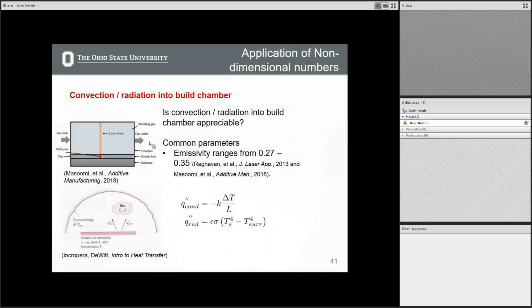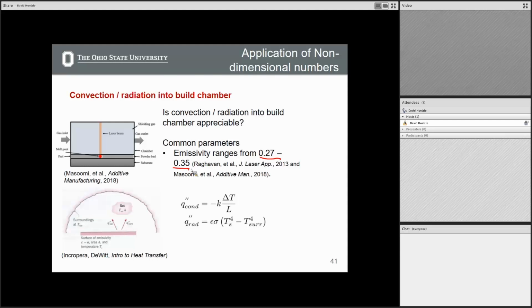So this is radiation. If you have any two surfaces and there's a difference in temperature, there will be radiative heat transport between these two surfaces. We can look at the literature to see what people have measured in terms of emissivity. It's a fairly large range, and can be very dependent on the quality of the particles, etc. But the emissivity range you'll see in the literature is somewhere between 0.27 and 0.35.